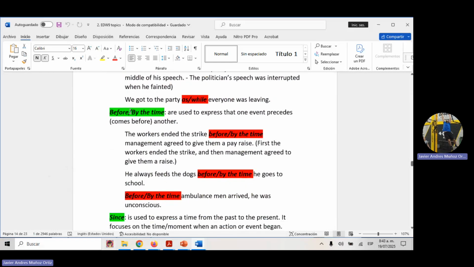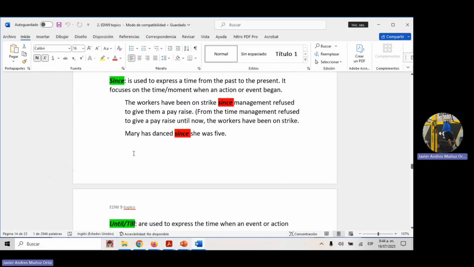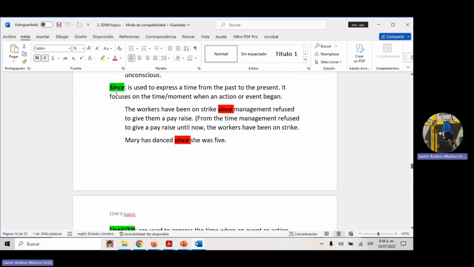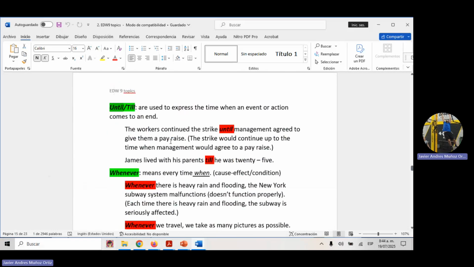Before and by the time focus on a previous activity, something that happens before. Since, we use to focus on the starting moment of an activity, an event or an action. Until, we use to focus on the moment when something ended, when an activity, an action or time ended.